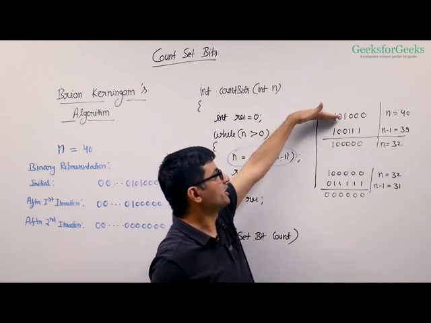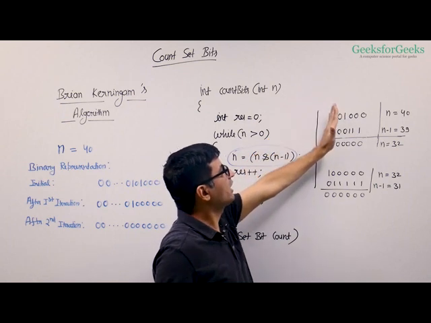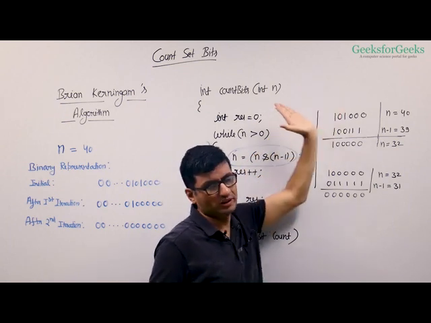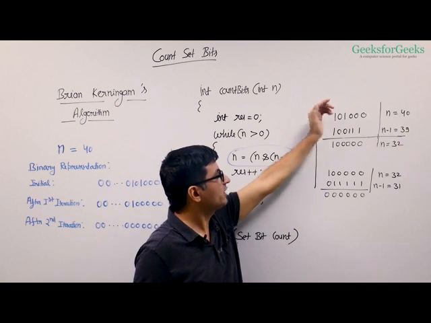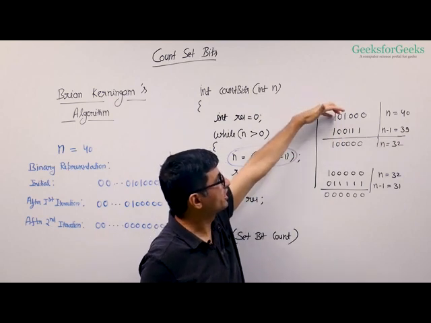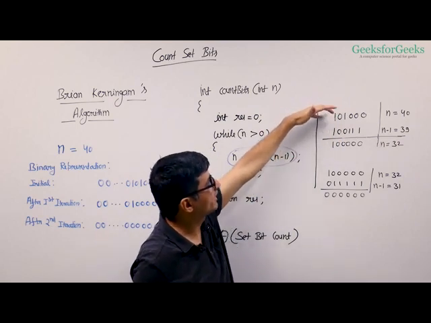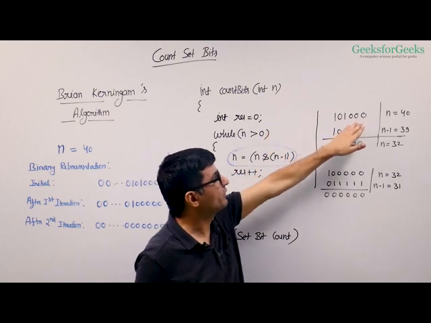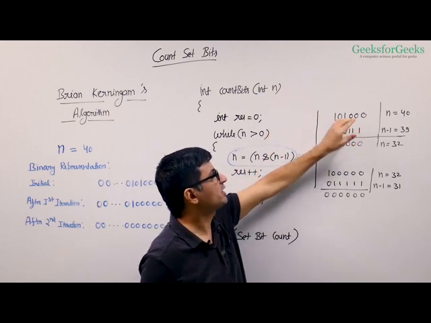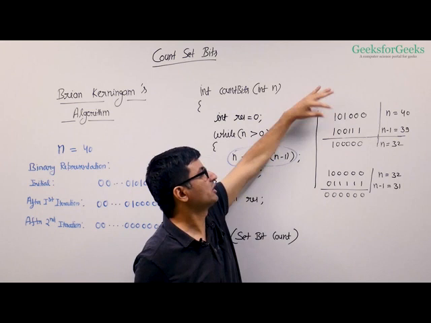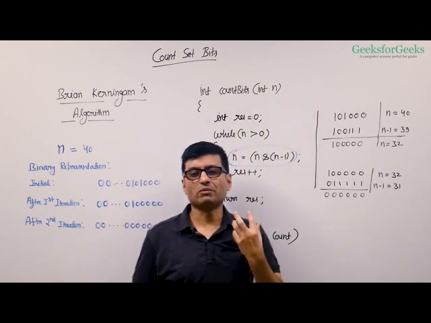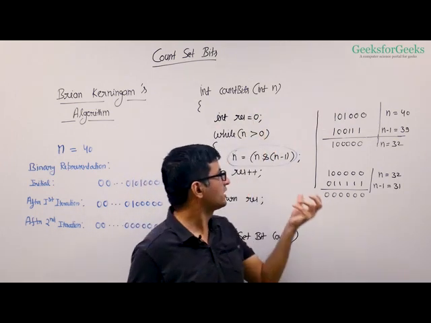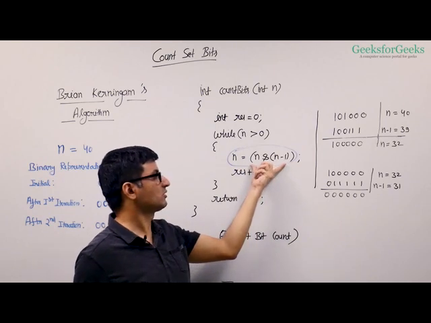So this is the binary representation of 40. Here I have ignored the leading 0 bits. You can assume that if the number representation is 32 bit, then the remaining bits on the left side are 0. There are 6 bits shown, so you will have 26 0 bits on the left side. Okay, so we have a number n equal to 40. Let's see what happens when we do this operation on this number.